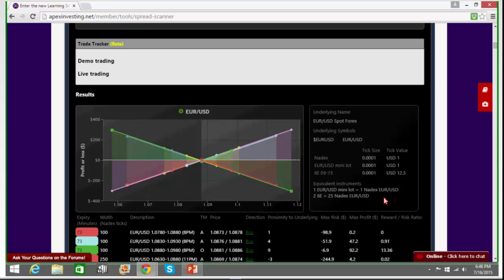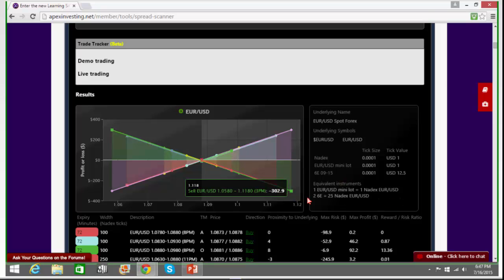Because if you're trading an oil futures contract that is $10 a tick, then you'll need 10 Nadex spreads. If you're doing ES, you need 5 Nadex spreads to equal it out, to make sure you're covered dollar for dollar. You can easily find that there on our scanner.